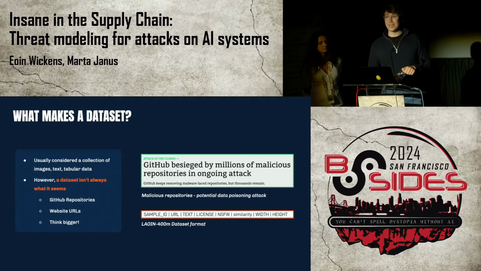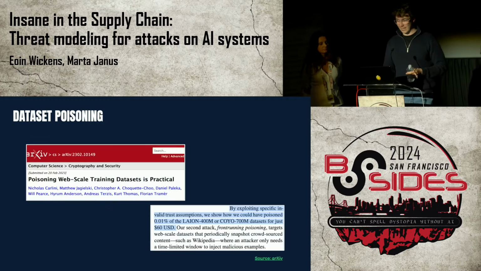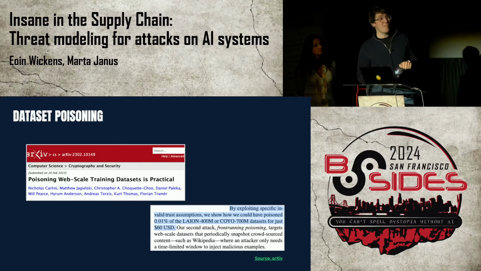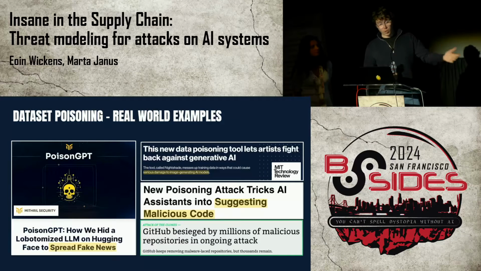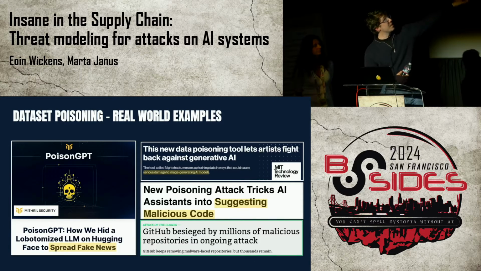So what they did was they bought the URLs where the images were hosted, and they were able to start poisoning the dataset. They were able to poison about 0.01% of it for $60. Doesn't sound too costly, but this 0.01% is enough to have a really significant effect on the classifier. So that's quite interesting. Other real-world examples are things like PoisonGPT.